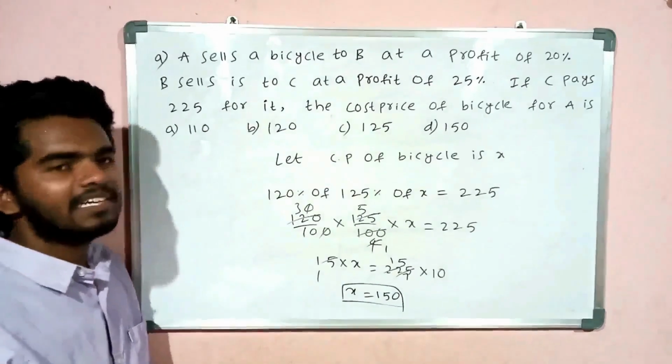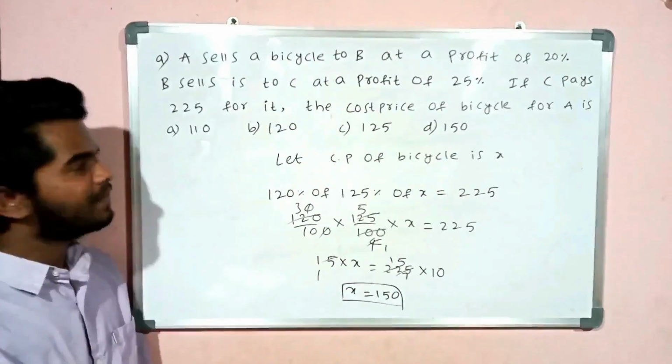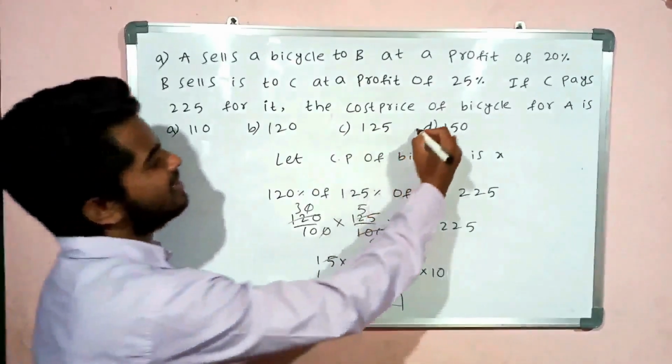The cost price of the bicycle for A is 150. Option D.